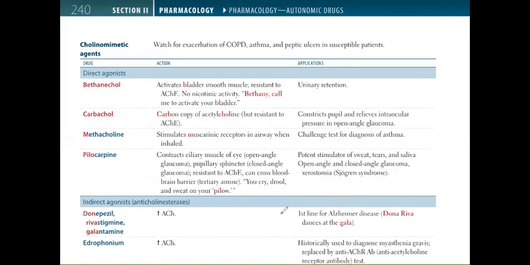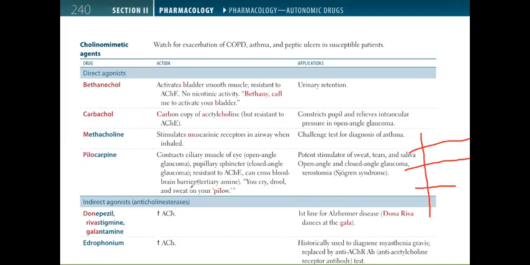Before moving further to the indirect agonist, you should know that there are some other drugs that also treat glaucoma. For exam purposes, it is very essential to make a differentiation chart, so that when we are studying a particular disease, we know what other drugs we use for that purpose.